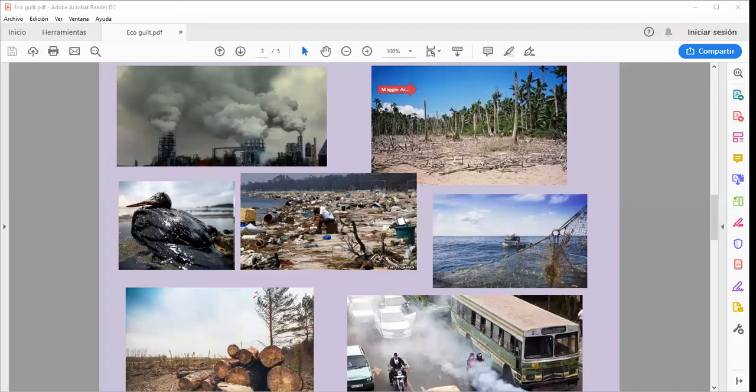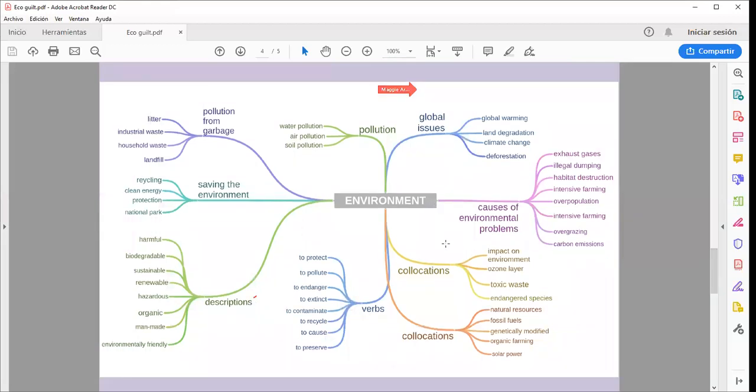Now, guess what? I would like you, please, to do me a favor. Let's go back to the vocabulary. Now that you saw the pictures, the images, I guess that it is more possible to use these exponents of vocabulary. Here we have another that says saving the environment.